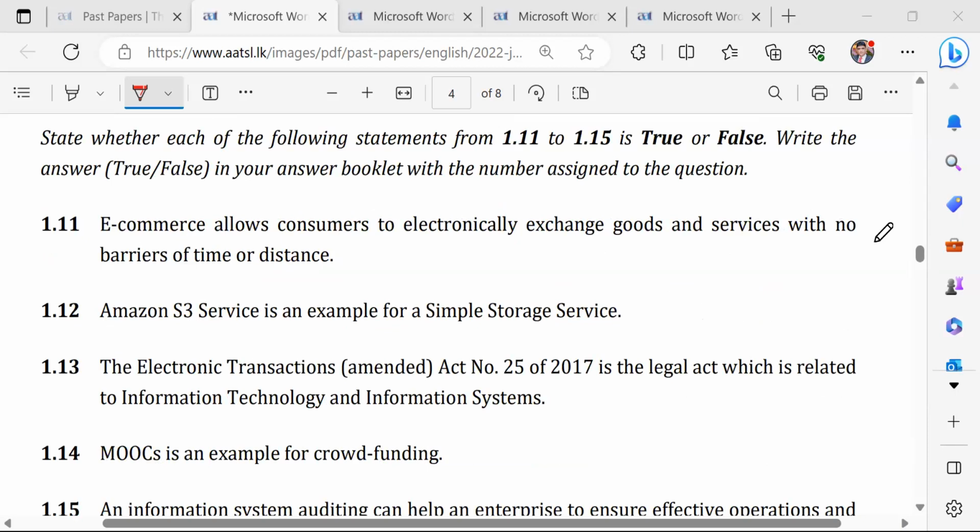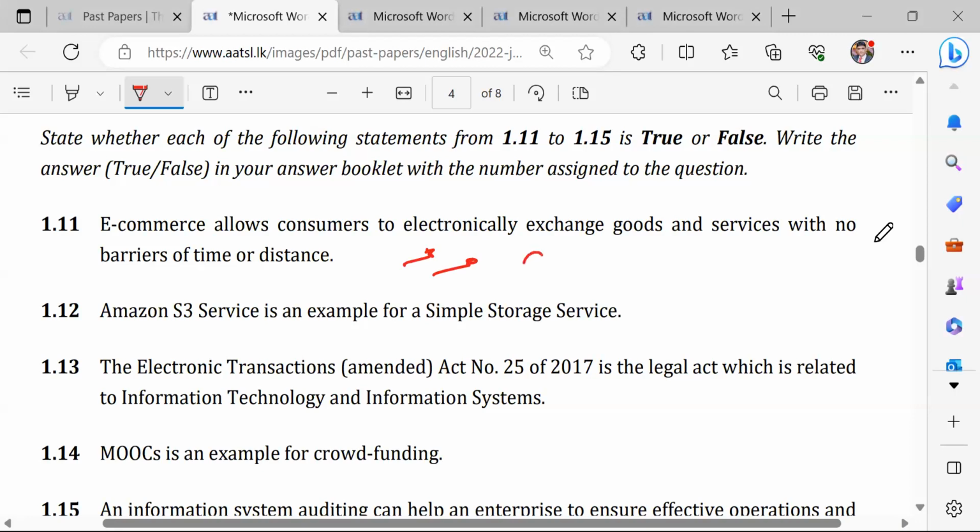State whether each of the following statements from 111 to 115 is true or false. E-commerce allows consumers to electronically exchange goods and services with no barriers of time or distance. In electronic commerce, that means it is used on electronic media, the internet and those platforms, right? You can buy goods and services over the internet. There is no time barrier. Anytime, right?